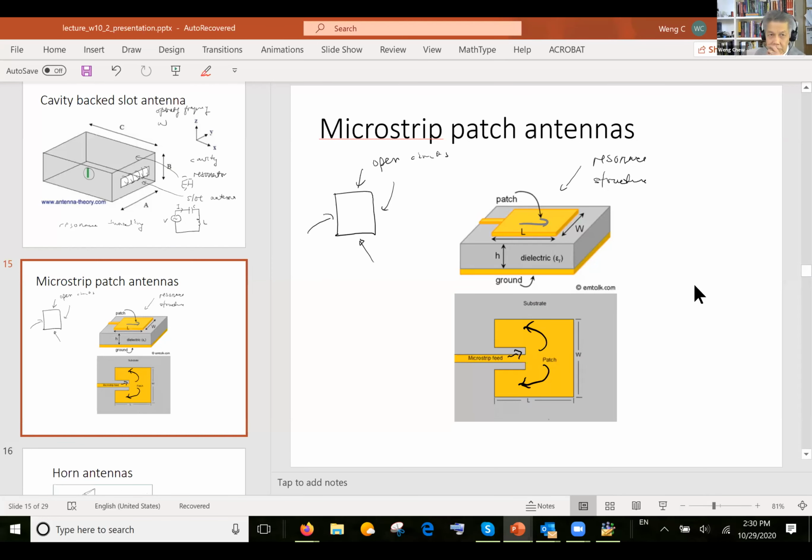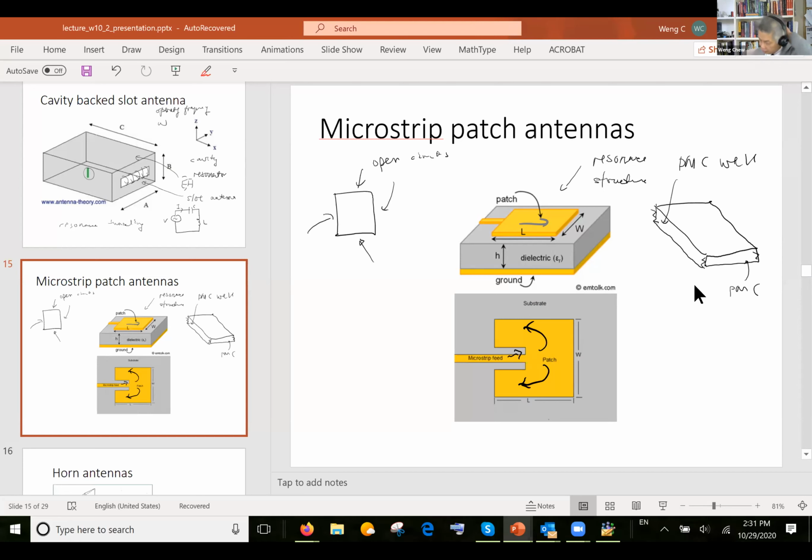So if you have an open circuit, then this antenna can be approximately modeled by an antenna that looks like this, an electrical patch, but with magnetic wall, with PMC wall. I kind of discussed this with Ivan yesterday in the office hour. This is the PMC wall.